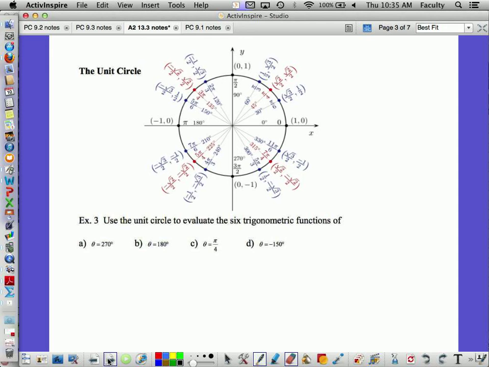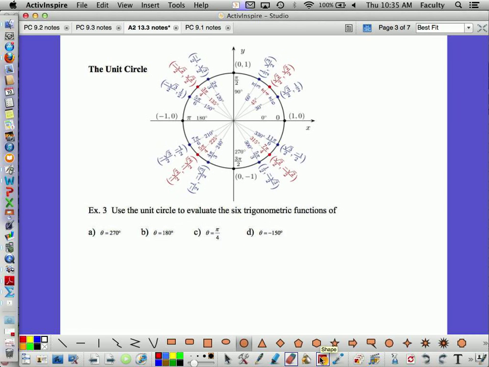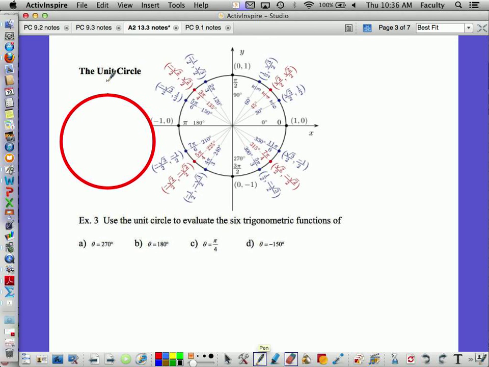But what I want you to notice, I'm going to use my little circle. Here we go. Watch this. I do want you in this space to draw a circle here, but it's not going to be the complete unit circle. But here's the deal.